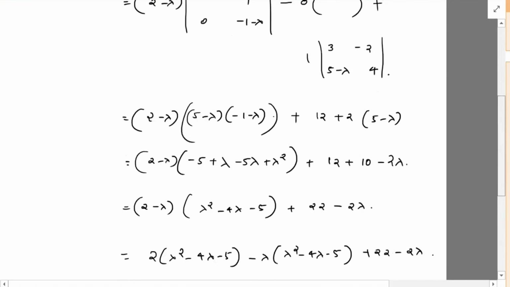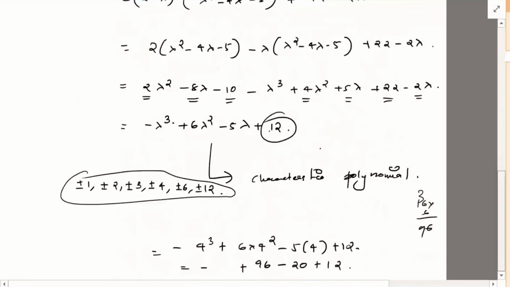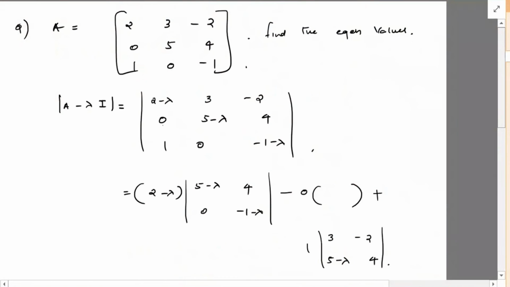I think we have made some mistake in finding the characteristic polynomial. Okay. We can find the eigenvalues of this matrix. Before that, I will give you a shortcut method. Shortcut method for finding.